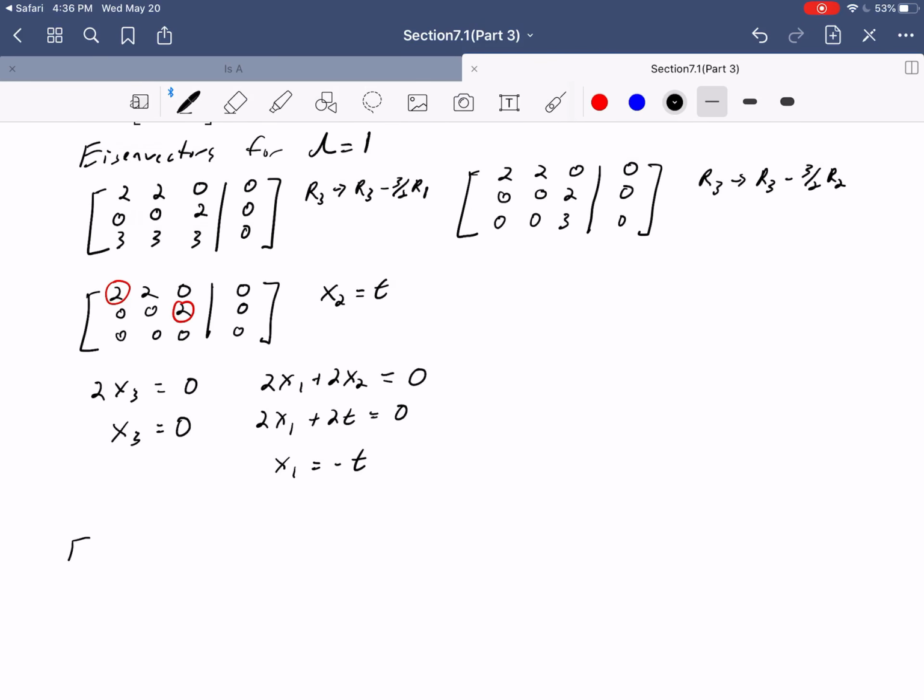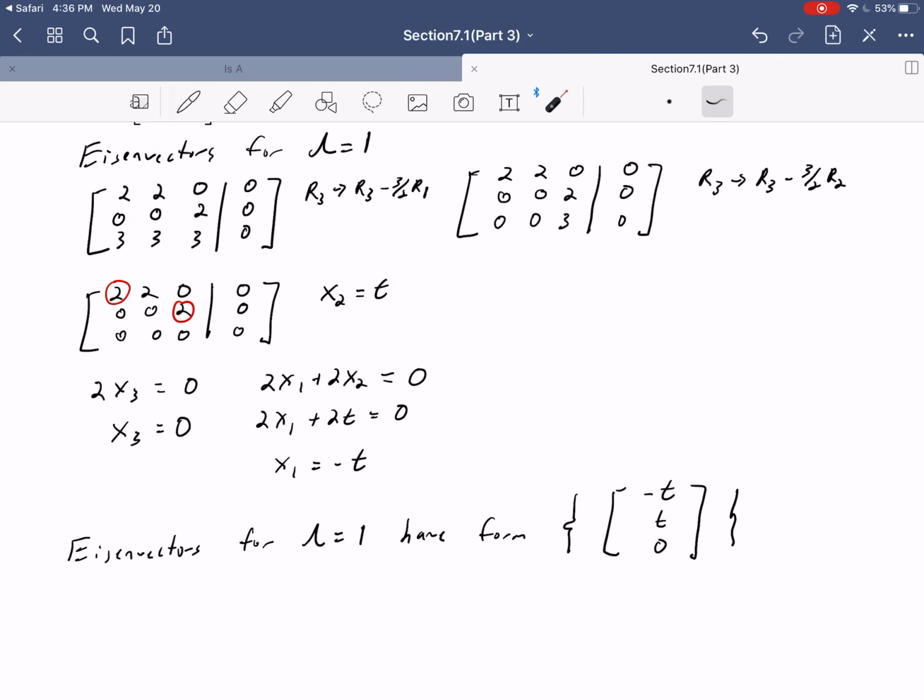That means eigenvectors for lambda equals 1 have the form minus t, t, 0. There we go. So every eigenvector for lambda equals 1 is going to be of the form negative t, t, 0.